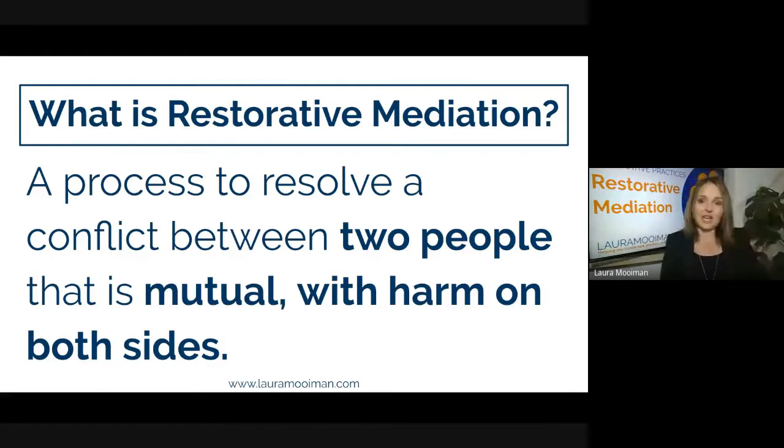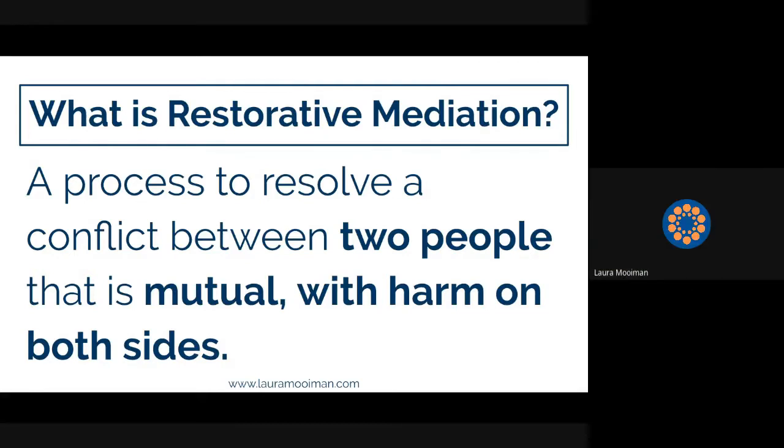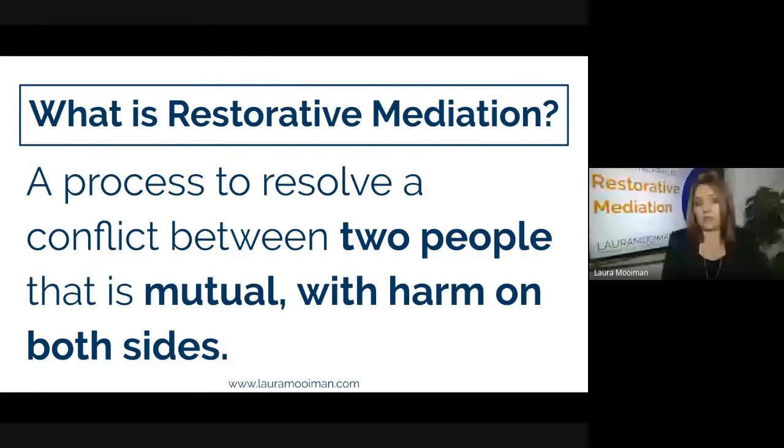So sometimes you don't know what you're dealing with, and you don't know if it's appropriate for mediation. So a bullying situation where harm is on one side and there's an unequal power would not be appropriate for the model that I'm talking about today, if that makes sense. This is two people gossiping about each other, two guys that get in a fight. And it's really the most common thing that we have in schools, I think.